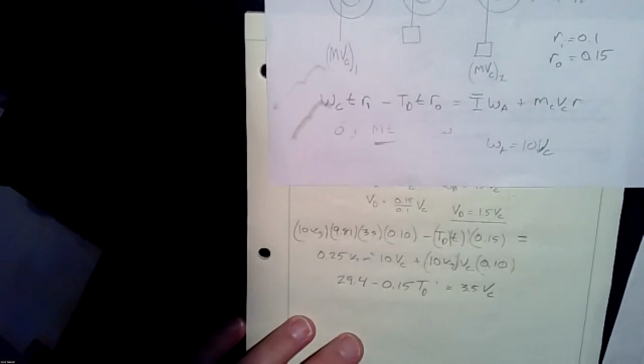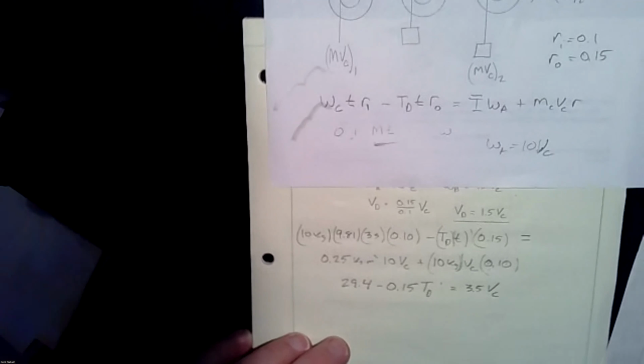I took this equation, which hasn't changed, and let's go through it again real quick. 10 kilograms times 9.8 gives me my weight, my time, 3 seconds, my inner radius, 0.1, minus TD times T, which I left as TDT. I could have put the 3 in there, but I'll explain that in a second, times the outer radius. That equals I, which is 0.25, times omega A, which we know is the same as 10 VC, plus the mass, 10 kilograms, times VC times 0.1.